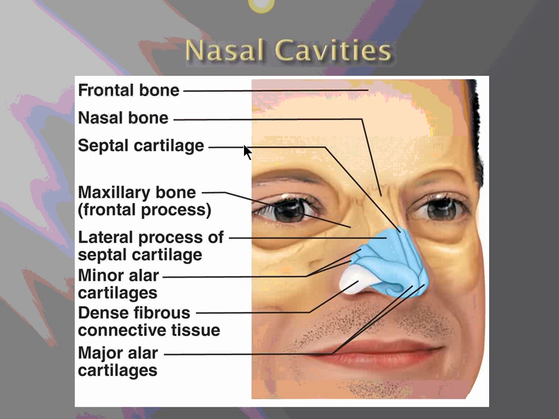Let's look at the nasal cavities. The external nose is made up of two parts, cartilaginous and bony. All the cartilages here are hyaline in nature, and then this is the bony part. And we have two nasal cavities which are separated by a septum in between.